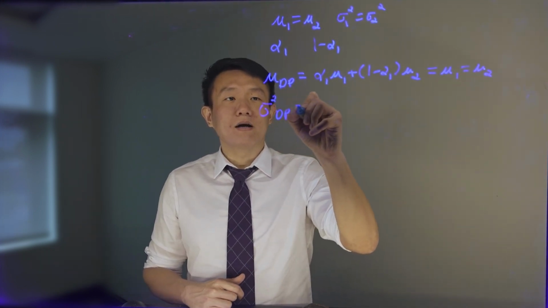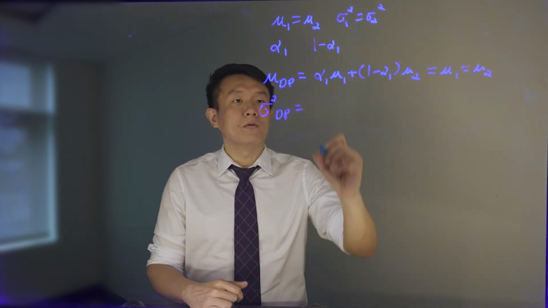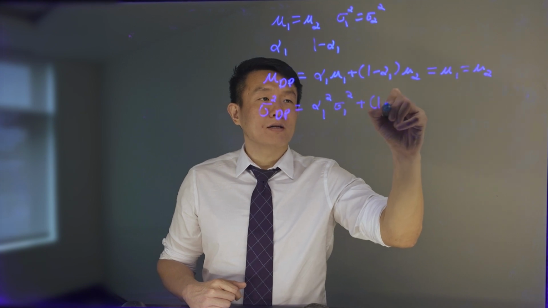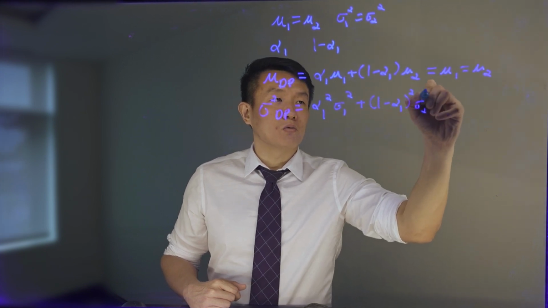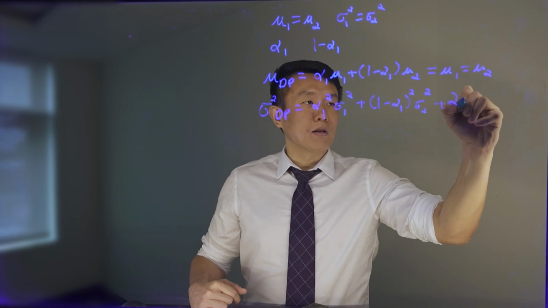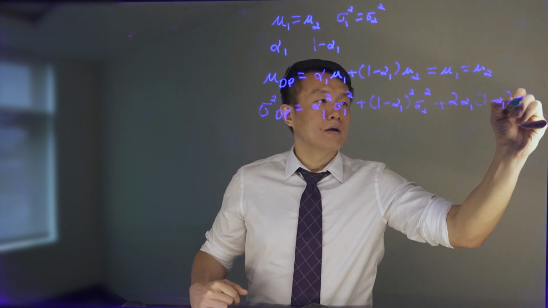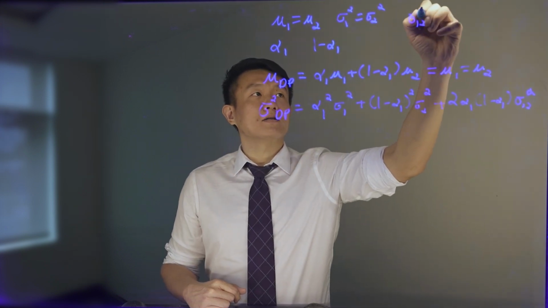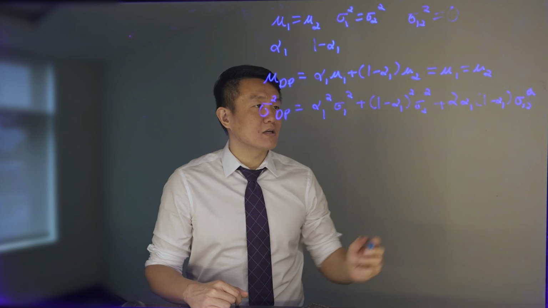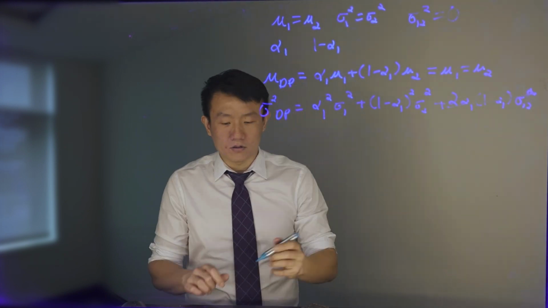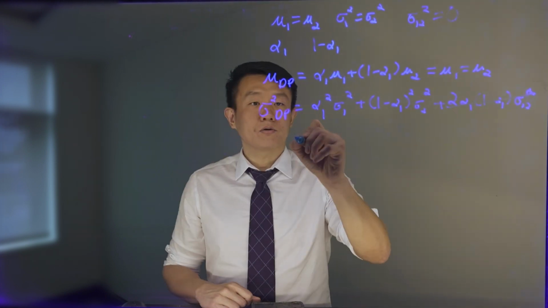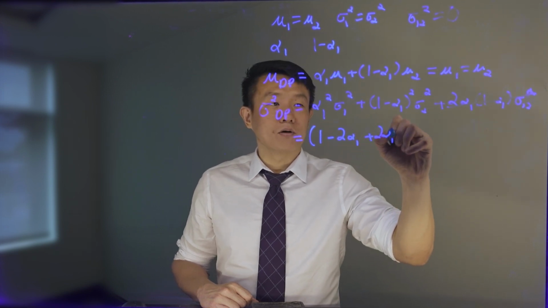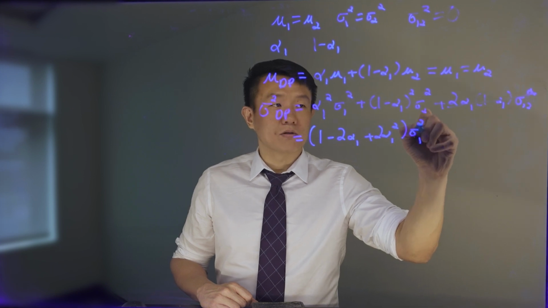However, if I look at the variance of the diversified portfolio, that's going to be alpha 1 squared sigma 1 squared plus 1 minus alpha 1 squared times sigma 2 squared plus this term. Now, if I assume that these stocks move independently, so they have zero covariance, this third term will drop out. That's going to give us 1 minus 2 alpha 1 plus 2 alpha 1 squared times sigma 1 squared.